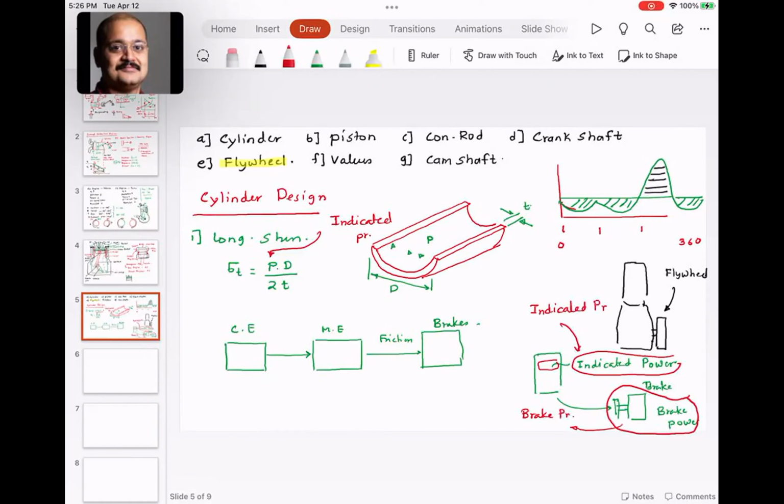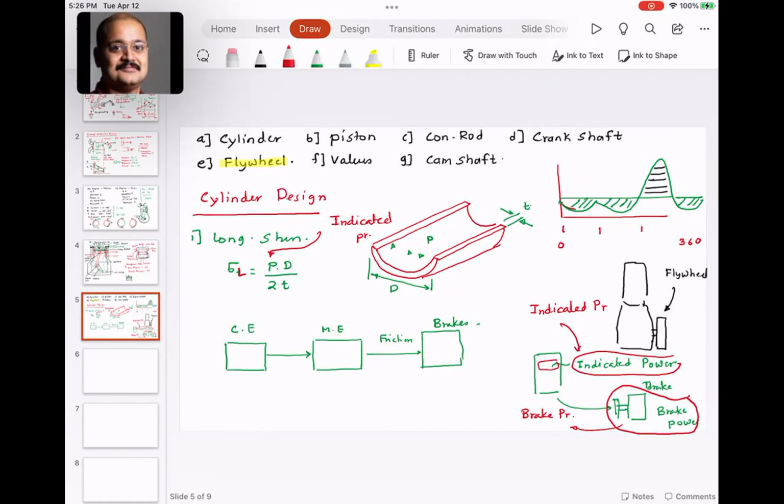So when we design, this is the classic formula for the thin shells or thin pressure vessels design. So you have the longitudinal stress, PD by 2T, where P is the indicated pressure, D is the diameter of the cylinder, and T is the thickness of the cylinder.